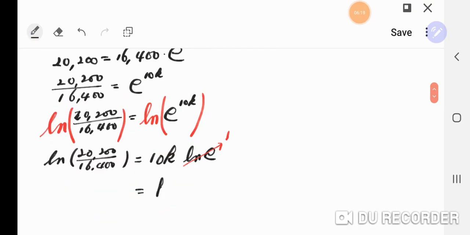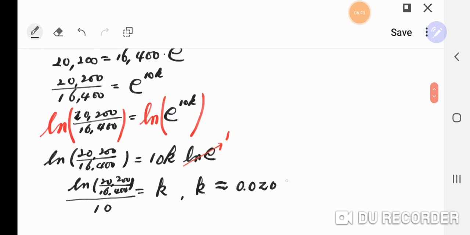You can divide each side by 10, so it will be the natural logarithm divided by 10. So this is the value of k. Once we use the calculator, the value will be approximately equal to 0.0208.